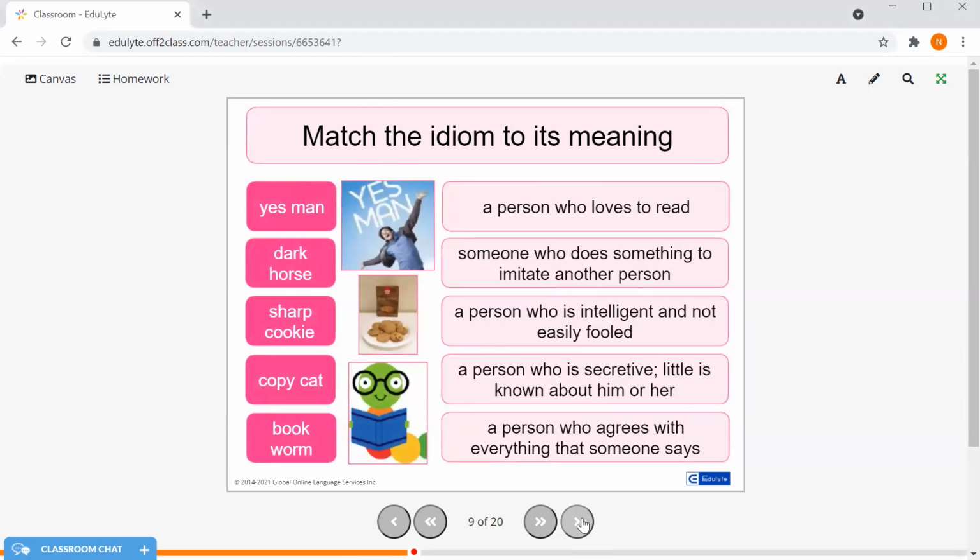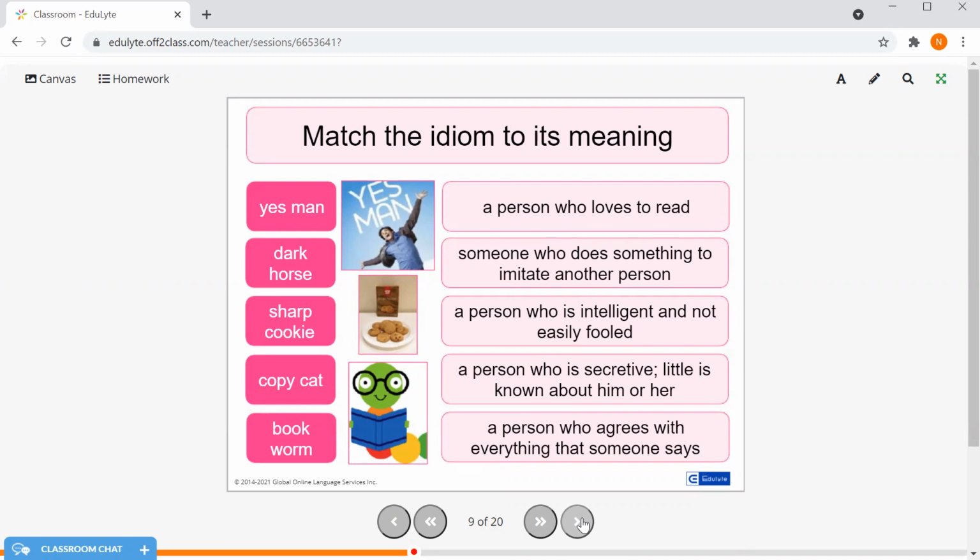We're moving on to the next slide, in which we have a few other set of words. The words on the left are yes man, dark horse, sharp cookie. We read about tough cookie. Let's know what sharp cookie is. Copycat, bookworm. I'm sure we have heard about this word before. Let's try and understand what it is.